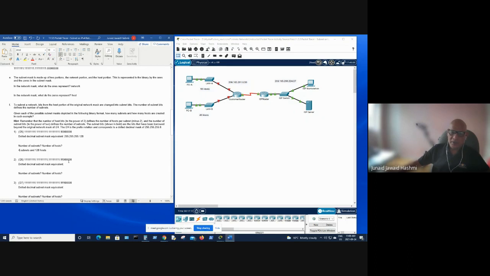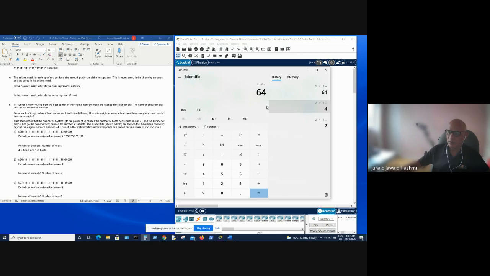So dotted decimal subnet mask equivalent. This is how you come up with the subnet mask. Here, again, use the Windows calculator. This is 11000000.